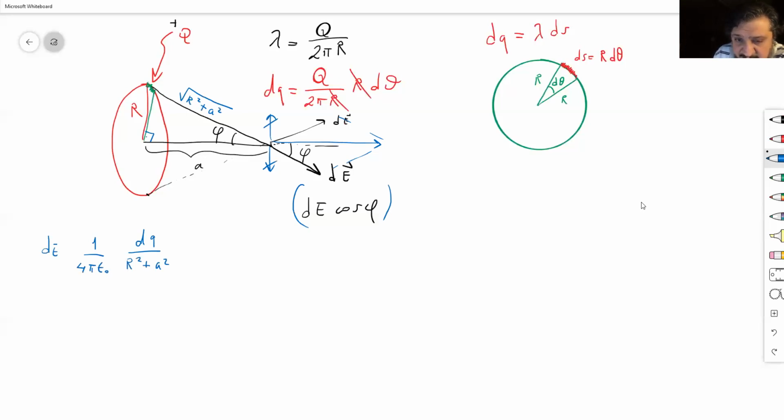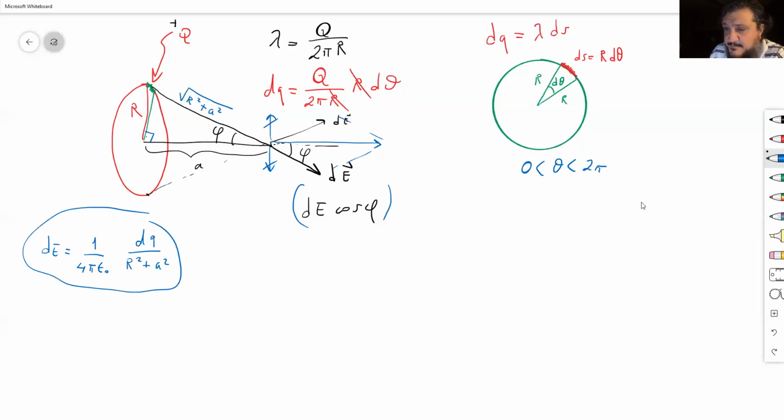That's what dE is. All right, so I'm going to multiply it by cosine phi, and then I'm going to add the contributions from each little dq, which means I'm going to integrate over the variable theta, and theta will vary between 0 and 2 pi.